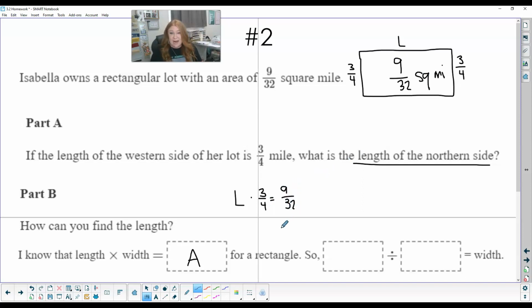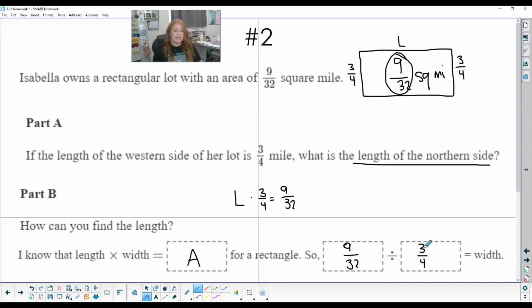So I want to work backwards and take the total area, 9/32, and I want to divide it by what I know, which is 3/4. And that's going to give me that other side.